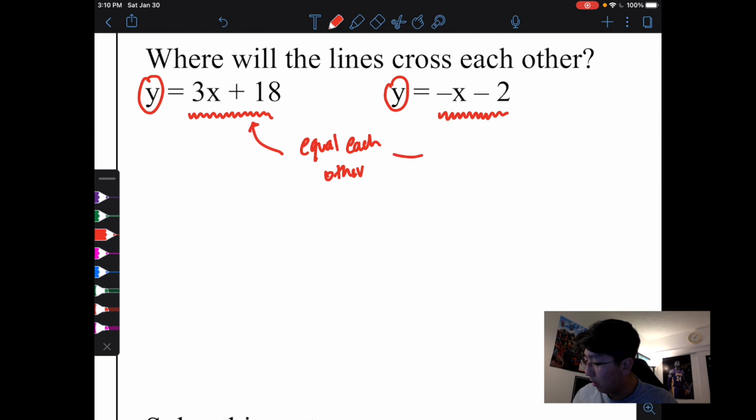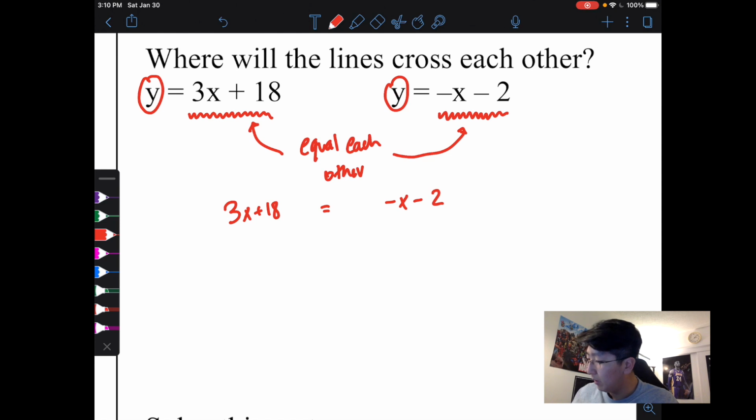I'm going to draw little arrows to show you what I'm talking about. I'm going to put 3x plus 18 equals negative x minus 2. You're going to notice that the y's are no longer there. This is as if I replaced this y with this y, and so this and this equal each other.